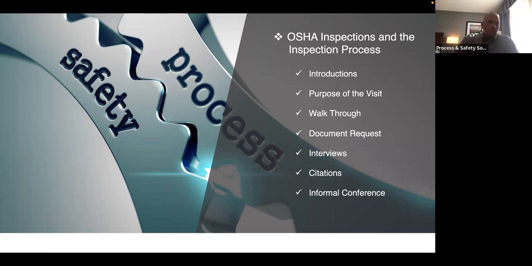Part of the process, again, will be explaining why they're there, and obviously this is going to be a PSM inspection. They may need the orientation, but once they do that, they'll want to walk through your facility, your process, in particular the process itself. There'll be a document request of some sort. The number of documents will depend on the person doing the inspection, but also on the type of process that you might have.